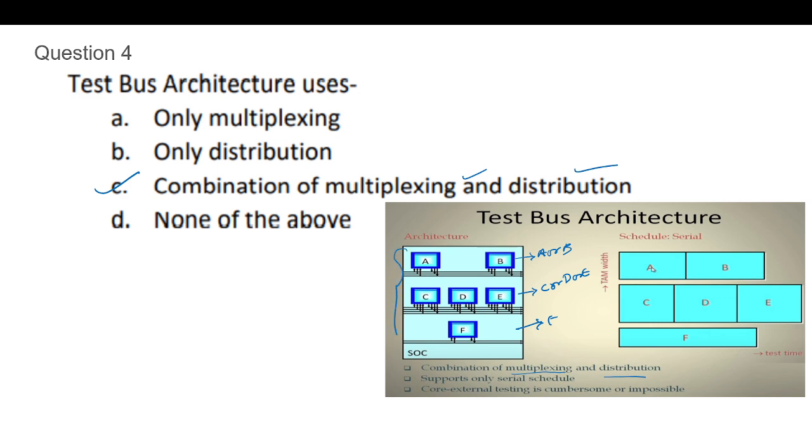And among these three, in parallel from each set, one can be tested. So we are testing these three in parallel. In this way, we have to manage the TAM width to reduce the test time. Option C.